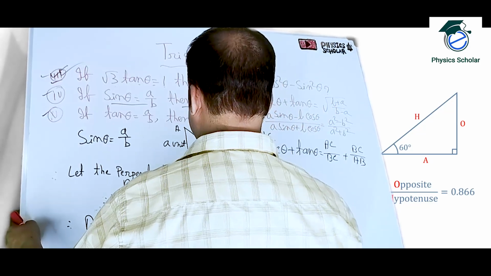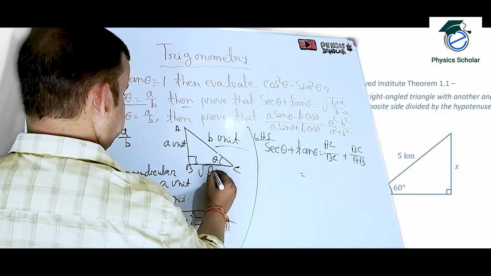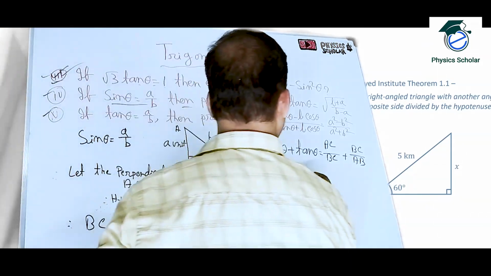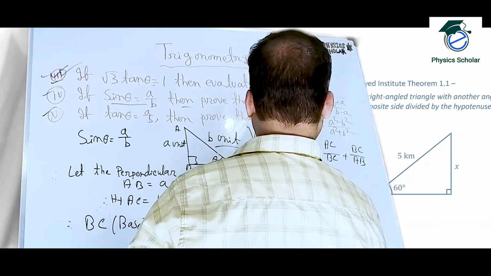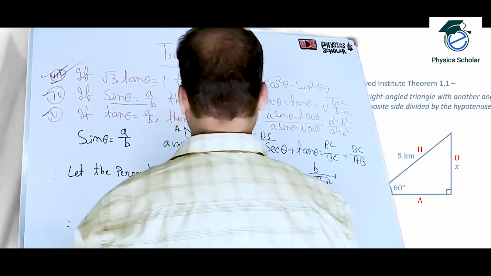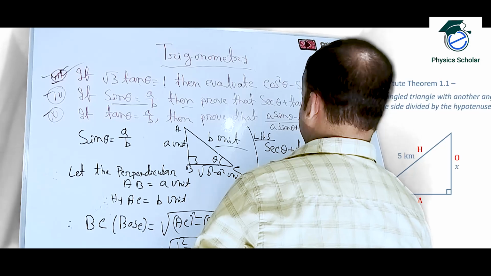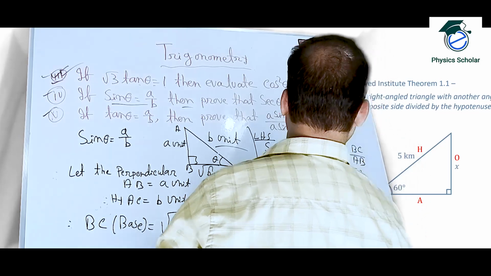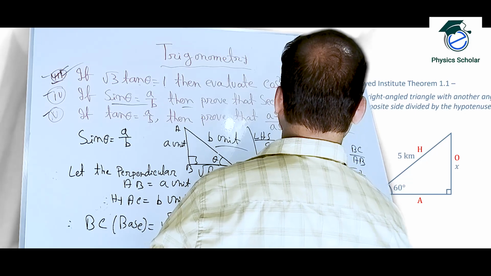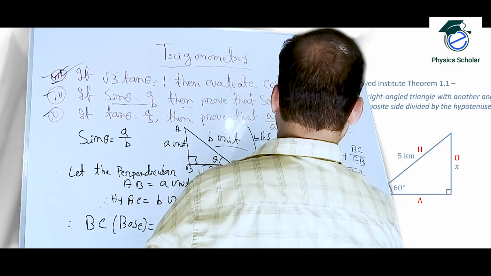Okay, so what is AC? AC means B. So B by BC, which is root over B square minus A square, plus what is tan theta?